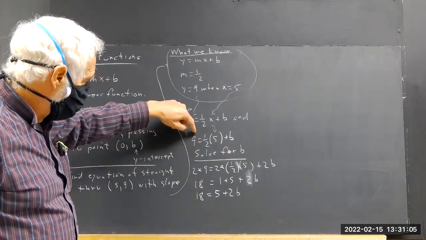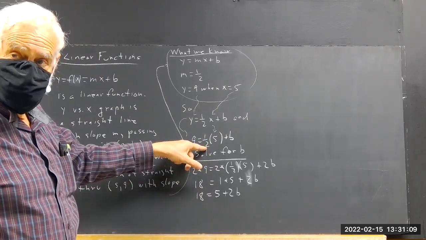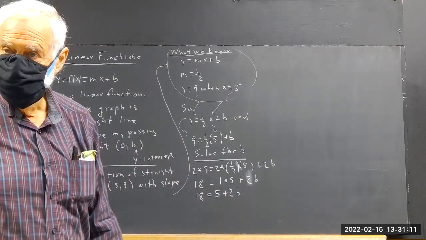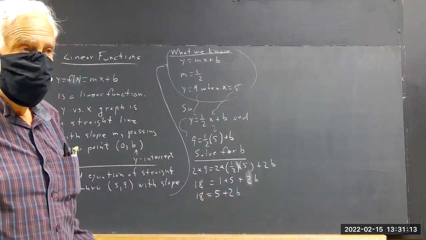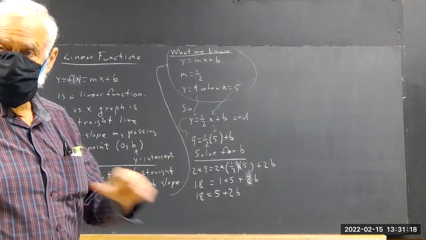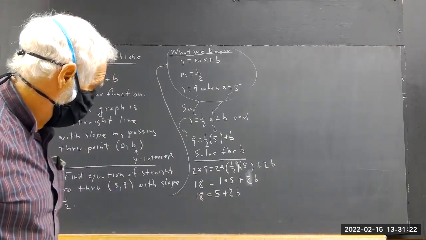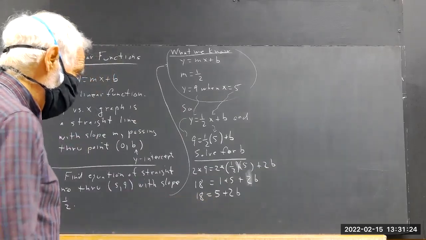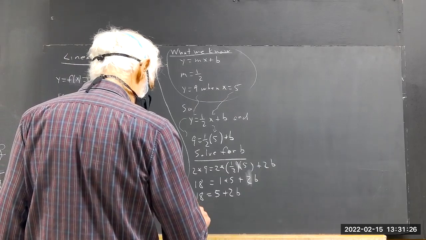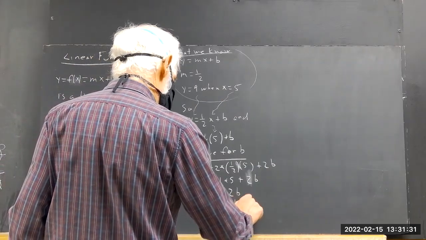Okay, so we have this equation. We multiply both sides by 2 because we've got a denominator, and we don't like to work with fractions, so we get rid of the denominator. Even if you like to work with fractions, you're less likely to make a mistake if you clear them out. It's just simpler. Now this is very easy. So we get 18 minus 5 is 5 plus 2b minus 5.